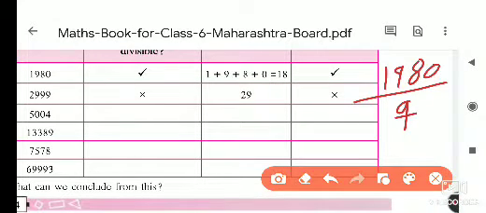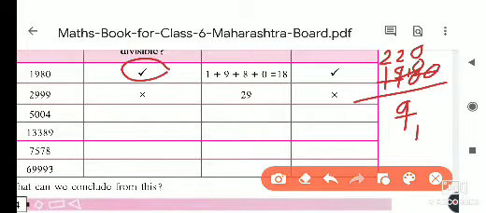As you know, 9 ones are 9 and 9 twos are 18. 19 minus 18, 1 remains, and you write it in front of 8. 9 twos are 18 again, and the remaining 0 we write. So dividing 1980 by 9 we get 220 with no remainder. That's why this number is completely divisible by 9, so we give a correct mark.